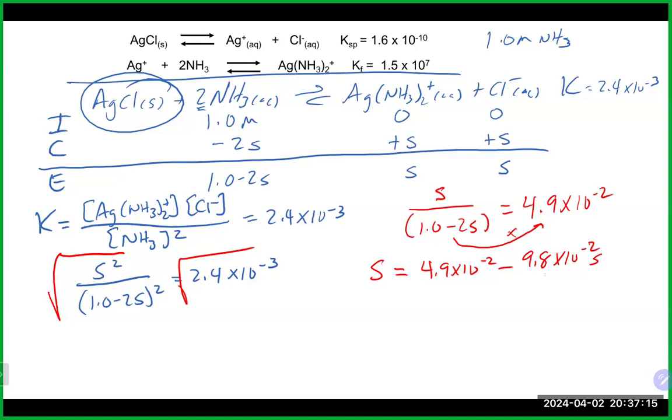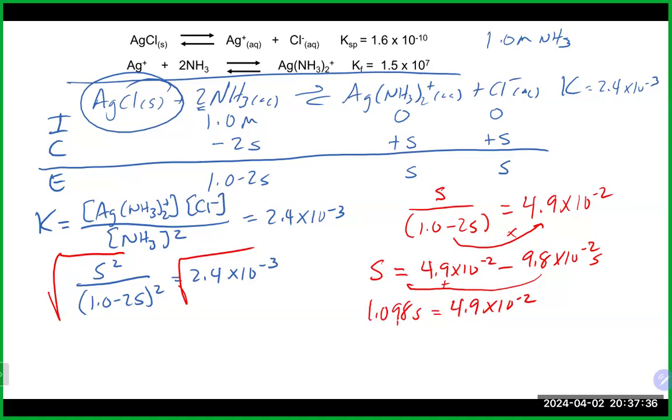Bringing our s back to the other side and adding it will give us basically 1 plus 9.8 times 10 to the minus 2, which gives us 1.098s is equal to 4.9 times 10 to the minus 2.